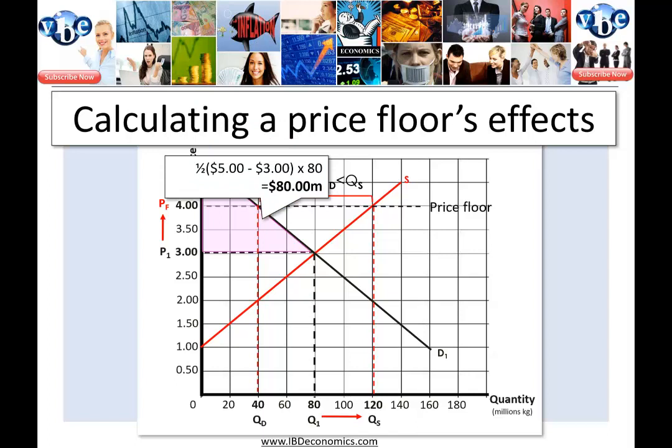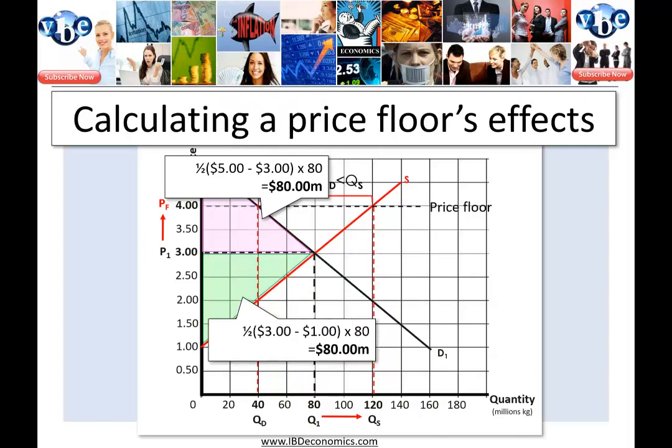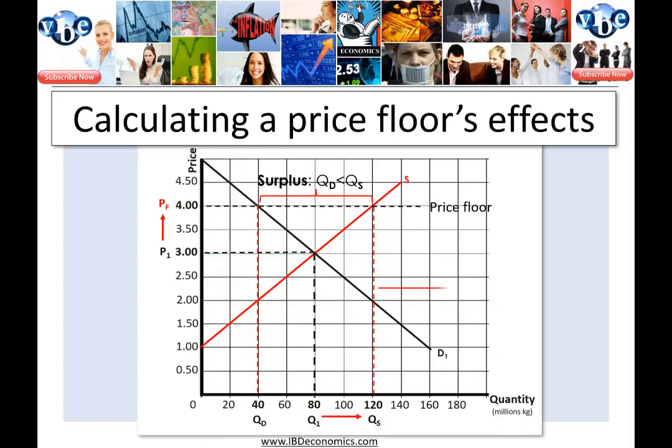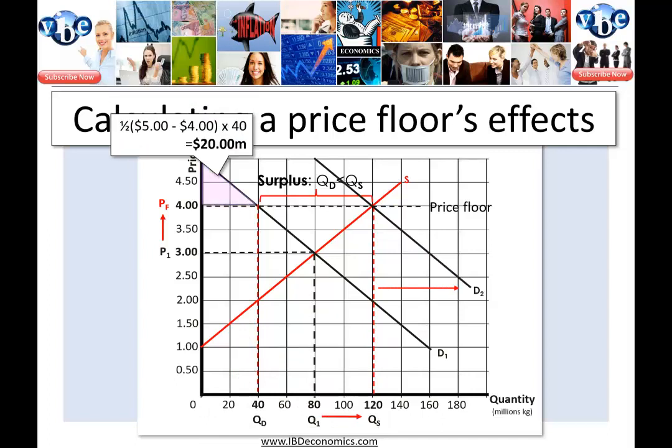Calculating consumer surplus, finding the value of that triangle there. Calculating the value of the producer surplus, value of the green triangle. In comes our increased demand from government purchases. The higher price means that the consumer surplus drops to 20 million kgs.